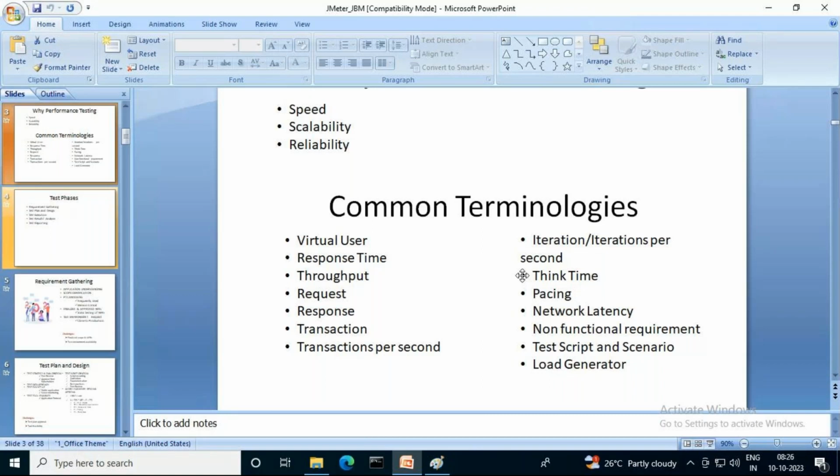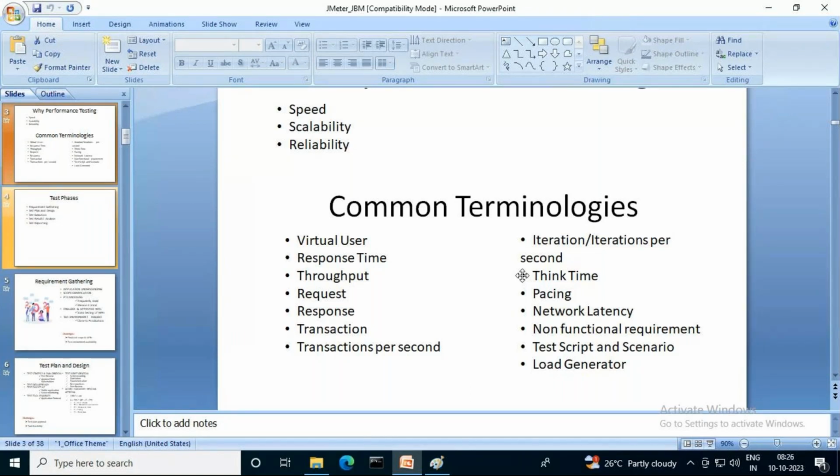So launch is one transaction, login is another transaction, search flight is another, select flight is another, booking a flight is another transaction. But this complete group of transactions is your user journey, your business functionality.